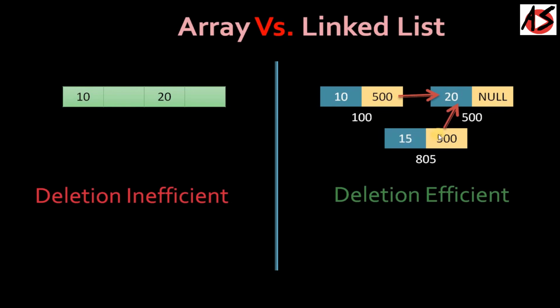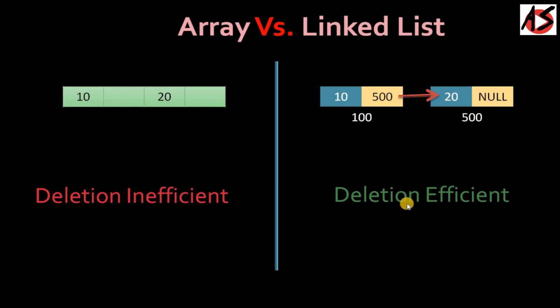So this is a deletion in the linked list. And the modern programming languages like Java and Python will reuse this memory later using garbage collection facility. So deletion is efficient in the linked list.